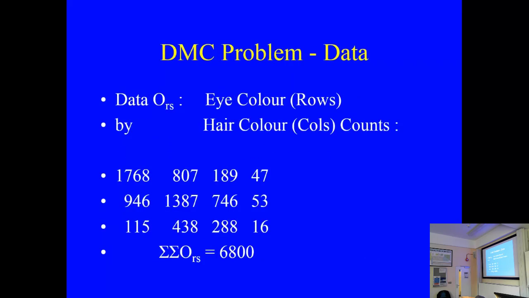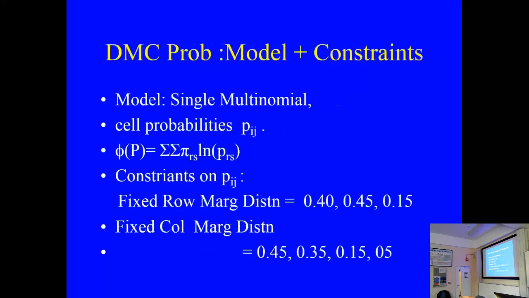One final thing. Here is an example I've used in lectures. A 3x4 table, eye colour versus hair colour, and there are the frequencies. The model is multinomial, and as an example of fixed marginals, I considered these row marginal probabilities and these four values as column marginal probabilities, purely arbitrary.